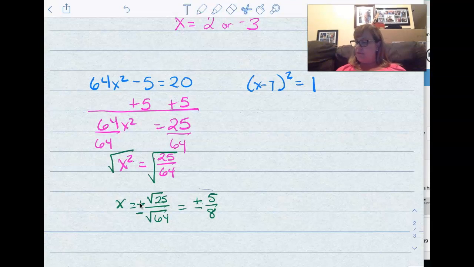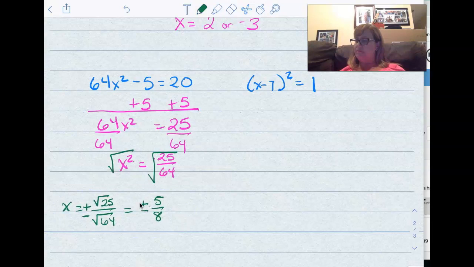Okay, I'm going to move this over so I don't get caught up on my next problem. Let's do this one. On this one, we've got to take the square root first. So we take the square root of both sides. We get x minus 7 equals a positive or negative 1, because the square root of 1 is just 1. Remember, we got to treat these like two problems here.